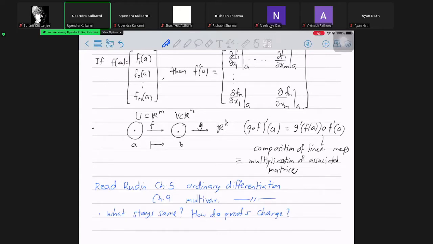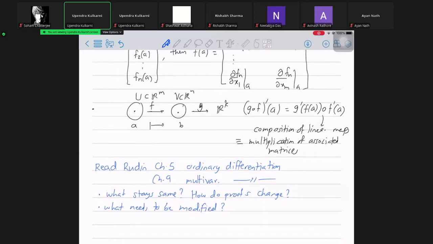The result stays essentially the same when you understand it properly. And the proofs also stay almost the same in outline at least, but you do have some new ideas that you have to introduce, like the operator norm, for example. Okay, so this is one question. What needs to be modified? For example, today we are going to do mean value theorem, and we will see that it does need to be modified.